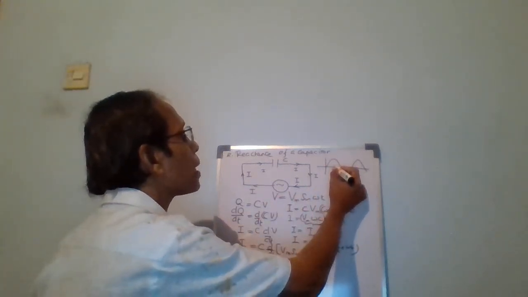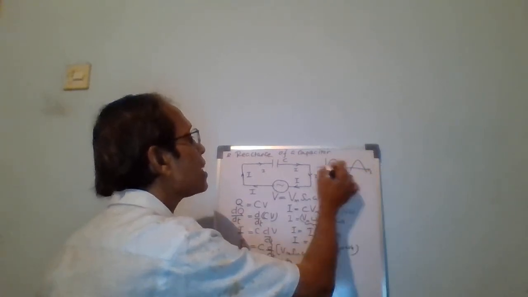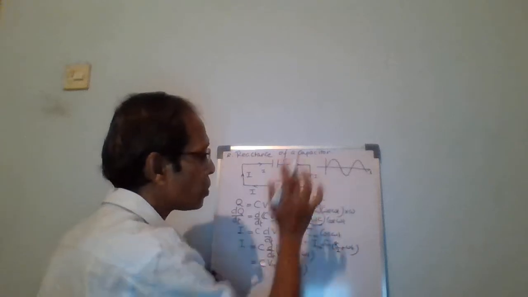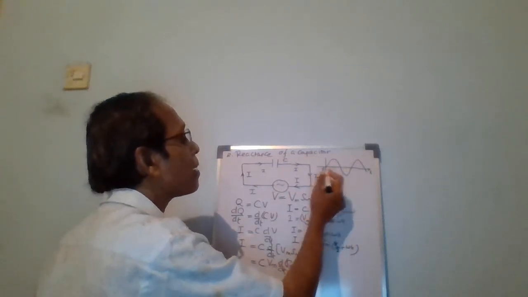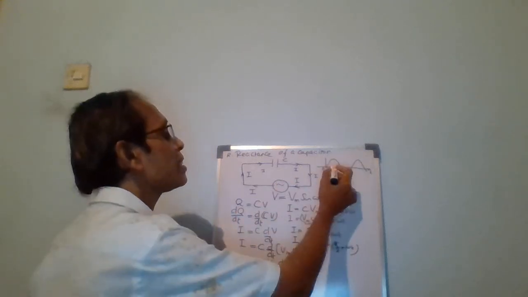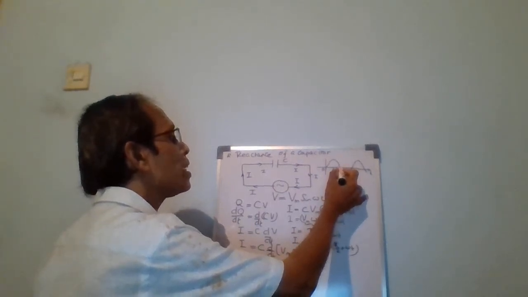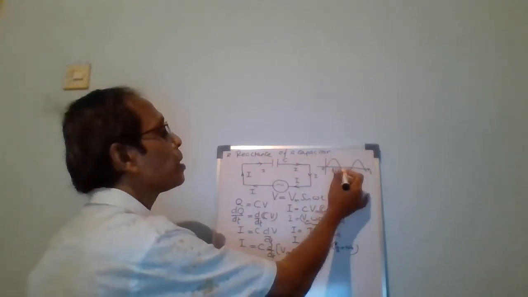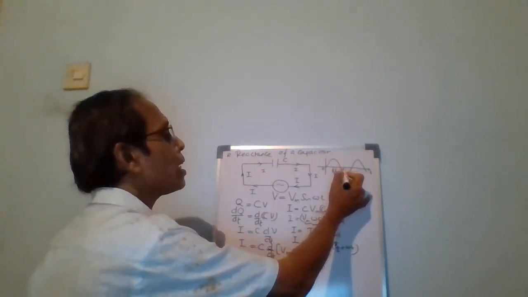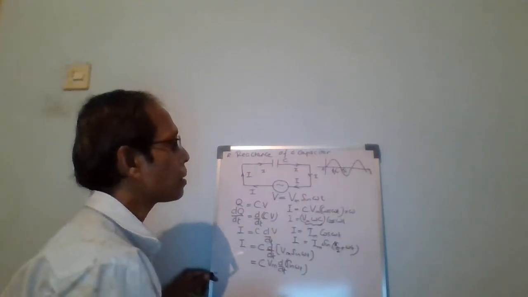This is omega t equals pi divided by 2, because at this time omega t is pi divided by 2, that is t is equal to pi divided by 2 omega. Here omega t is pi, so t is pi divided by omega. Likewise, that's for the voltage.